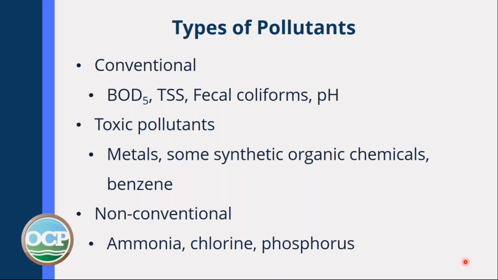Then we have toxic pollutants. These are the heavy metals, some synthetic organic chemicals, and substances such as benzene. And then the non-conventional ones, these are really something that doesn't fall either in conventional or toxic. These are ammonia and phosphorus and chlorine. And we will look at each of these in some detail later on.